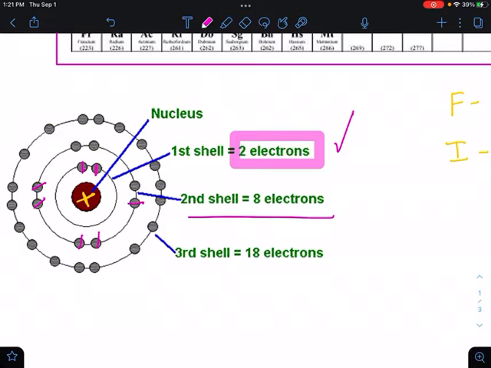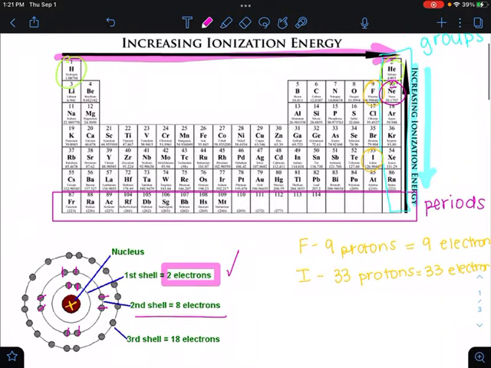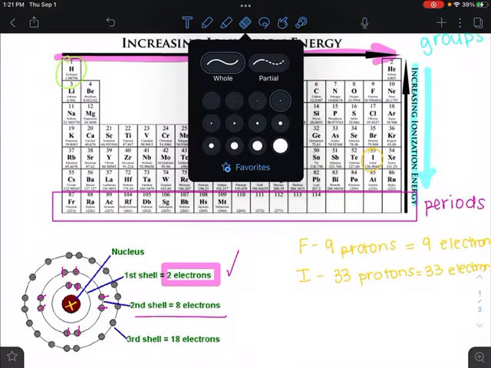The first and the second shell are completely filled. That is why it is a noble gas. It fills the shells completely. Alright, and I'm going to show you how you can do electron configuration now. I'm going to piece everything together, so just don't worry.